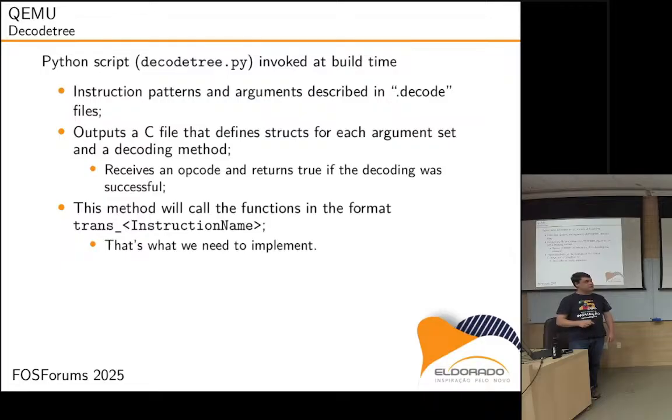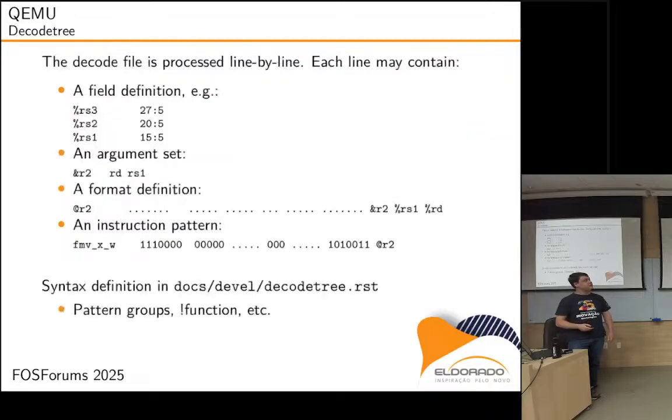And this method will call another method called trans_instruction name, and that's the method that you will implement to emit the intermediate representation. So you will write the instruction pattern that will be consumed by the decode tree, and you write this method, and that's enough to have a simple instruction implemented in QEMU.